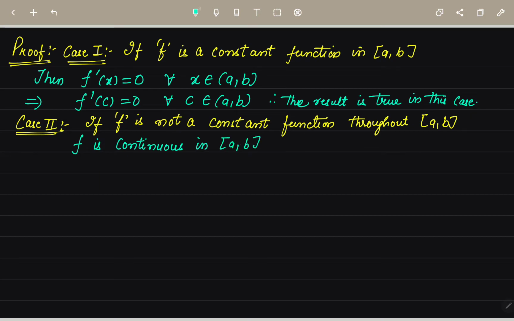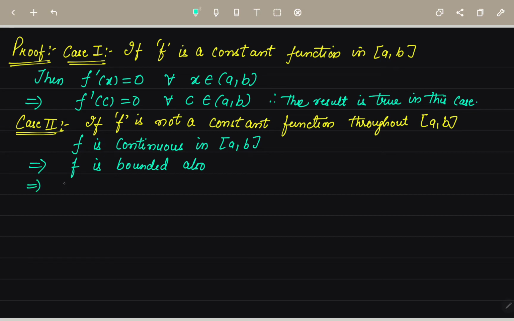If f is continuous in the closed interval [a, b], this implies f is bounded. If f is bounded, it attains its least upper bound and greatest lower bound, meaning it attains maxima and minima.